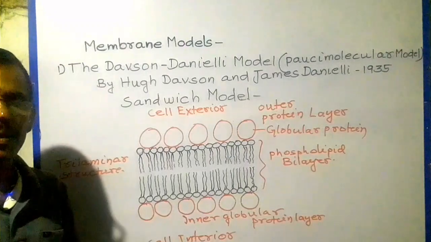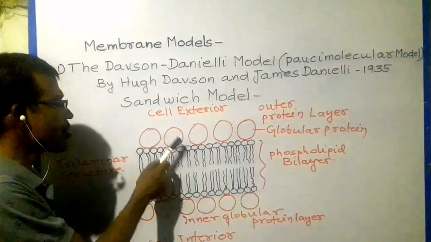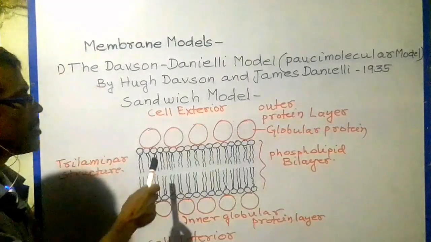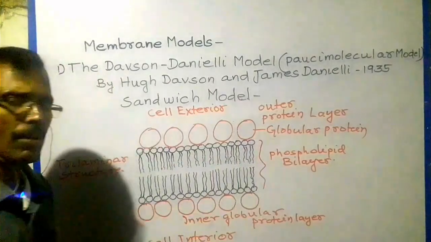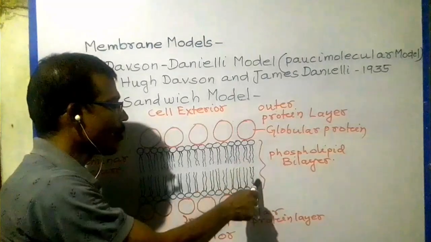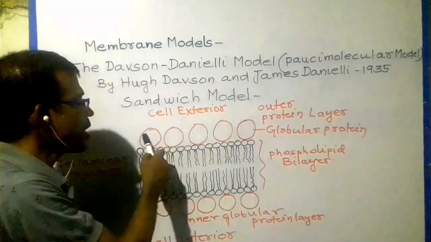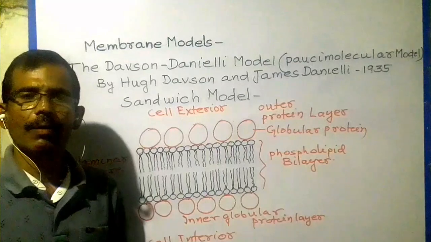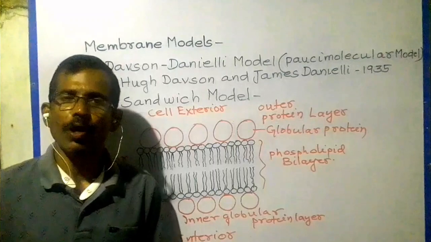There is a lipid bilayer covered on both sides by layers of globular protein, an outer protein layer and an inner layer of globular protein. So the cell membrane is composed of a phospholipid bilayer sandwiched between two layers of globular protein. Because of this, the model is also known as the sandwich model.